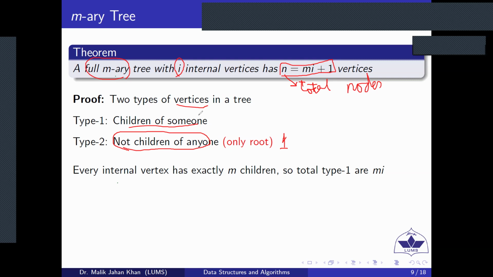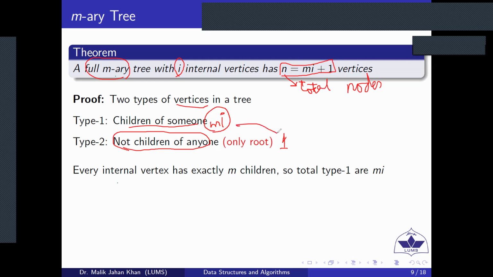because this is a full tree. Every node which has some children must have exactly m children. And all those nodes which have child nodes are called internal vertices. So the number of internal vertices is going to be i, and i times m is going to be the number of total vertices which are child of someone.